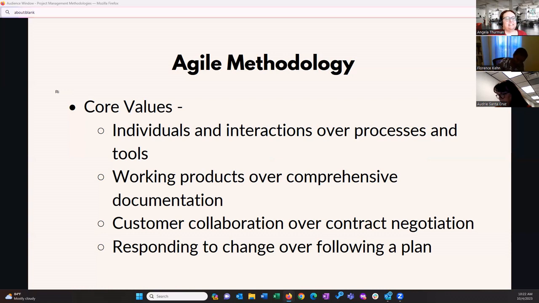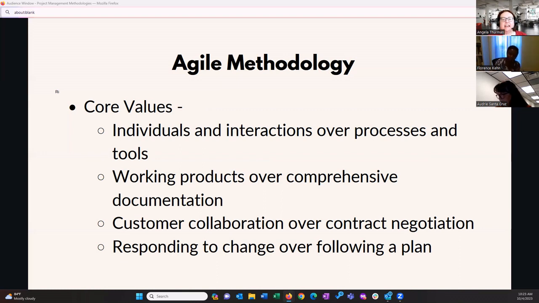So, as someone who has practiced waterfall for 30 years, when I read through these core values, I get a little chill down my spine because this is so different from the waterfall methodology, that it just feels odd.